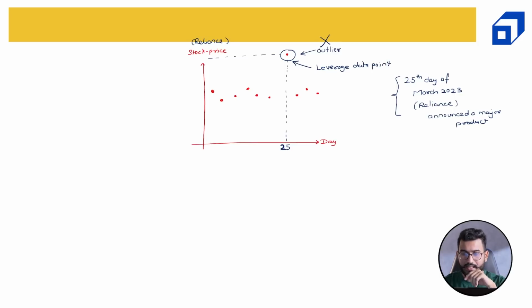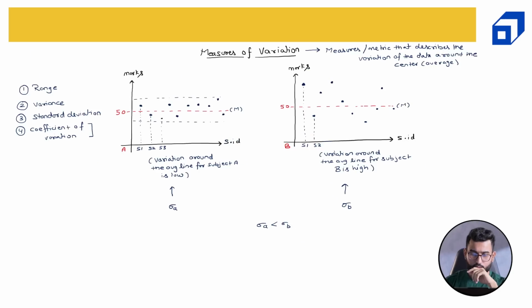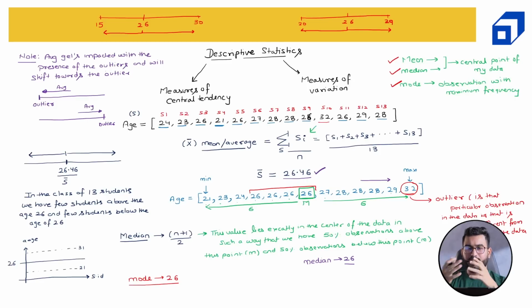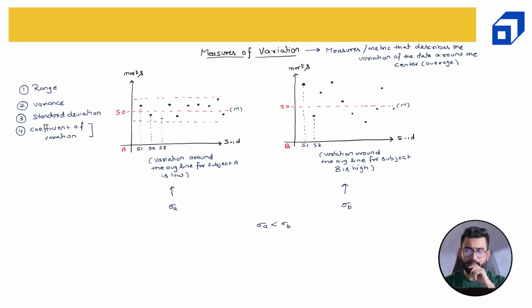So there is a difference between an outlier and a leverage data point. If I go to this particular example of age, I cannot say this is a leverage data point, because the age of this person has not been impacted by any external factor. So I cannot say this is a leverage data point, this is just an outlier.